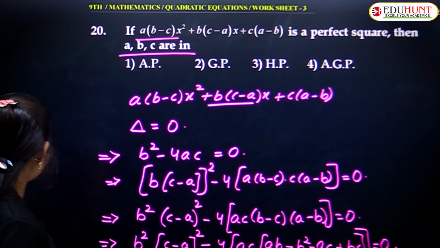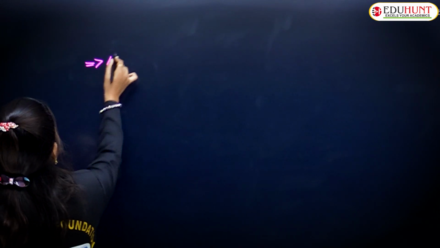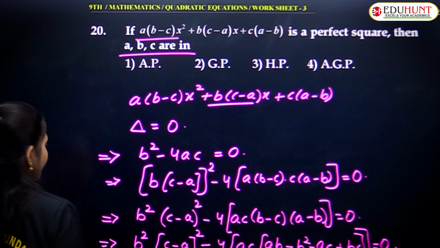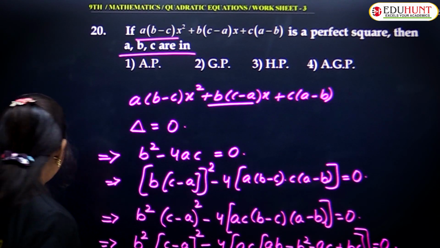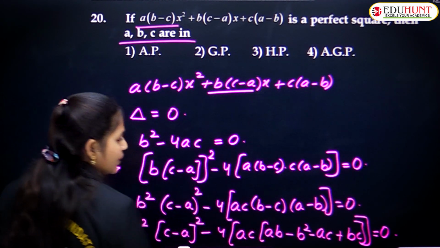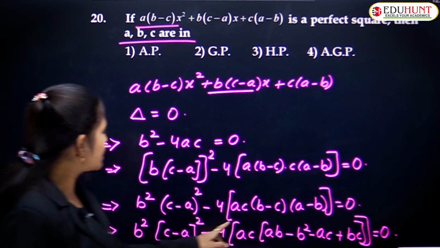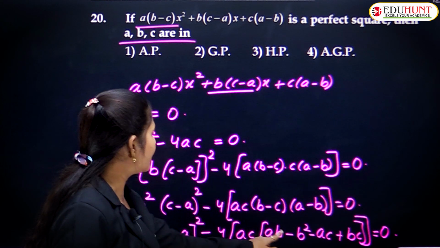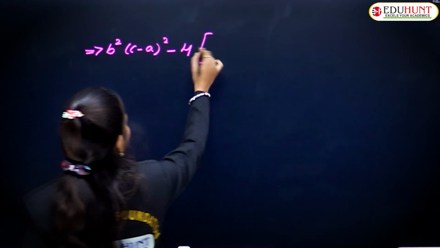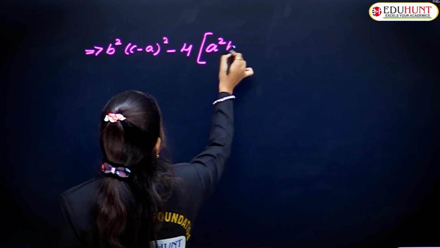Inside terms first simplify that, so which is equal to B square into (C minus A) whole square minus 4 into, here AC into AB. So AC into AB is A square BC.